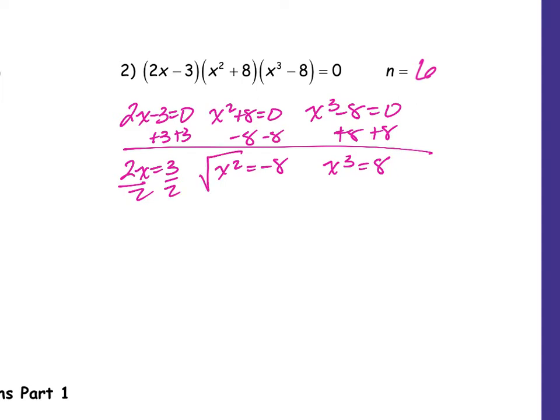Divided by 2, square root this one, cube root this one. x is going to equal 3/2, plus or minus, let's see, 8 is 4 times 2, 2i root 2, and 2. Okay? Questions?